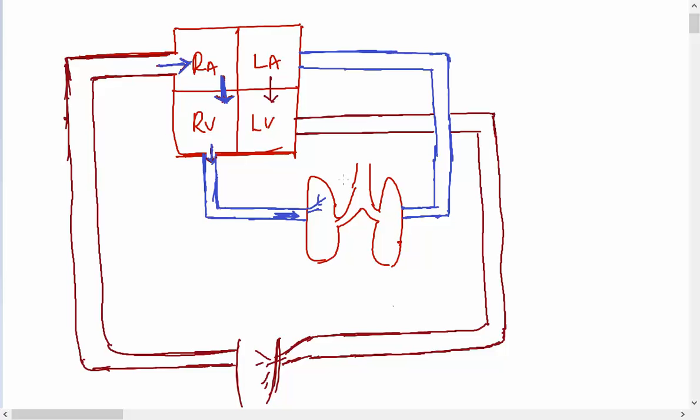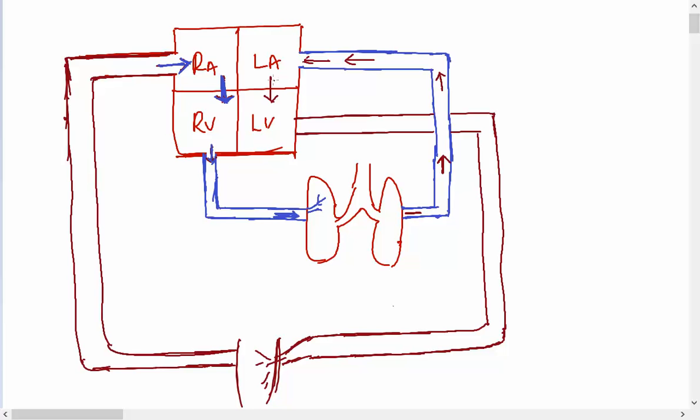It goes to the lung capillaries. Then they take the oxygen, give the carbon dioxide, and they become oxygenated. Once they become oxygenated, they go to the pulmonary vein and they enter the left atrium.